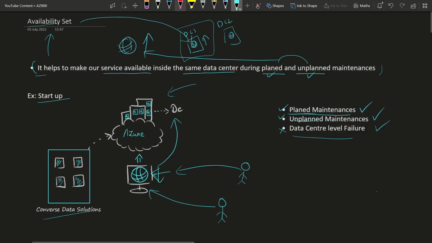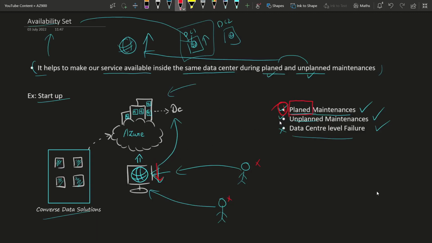In that scenario, people from outside the world who try to access it are not able to access our website. This is one of the problems, due to planned maintenance. Microsoft will know when the downtime will occur, because they are the ones updating their hardware or software. That is called planned, meaning they will know when our server will go down.